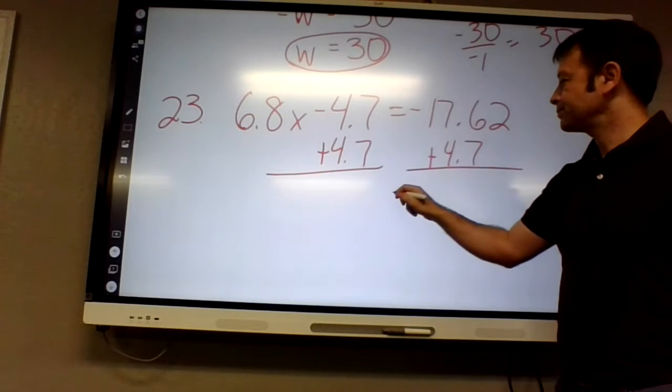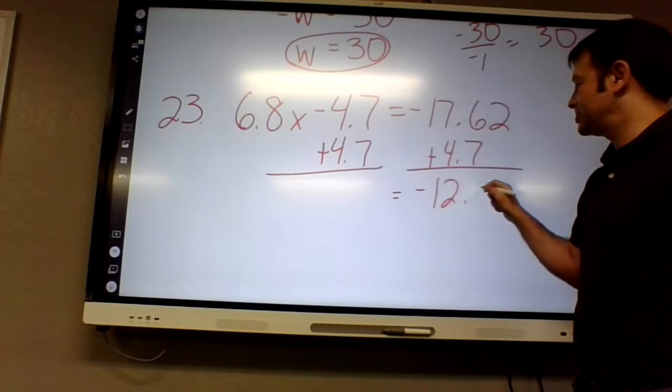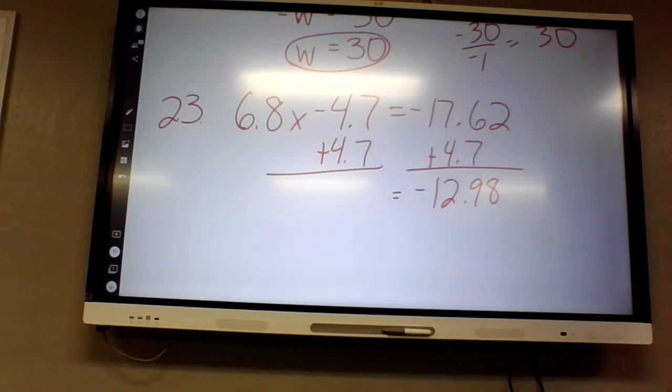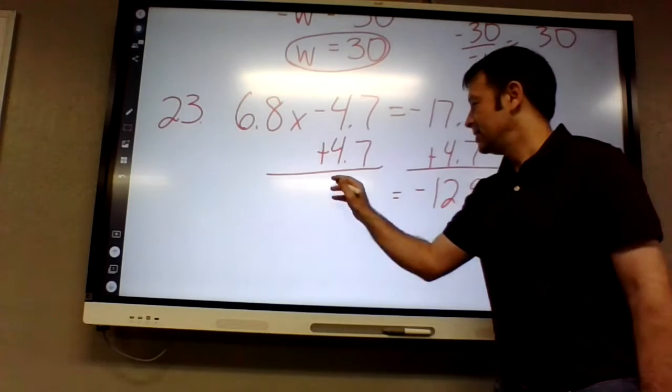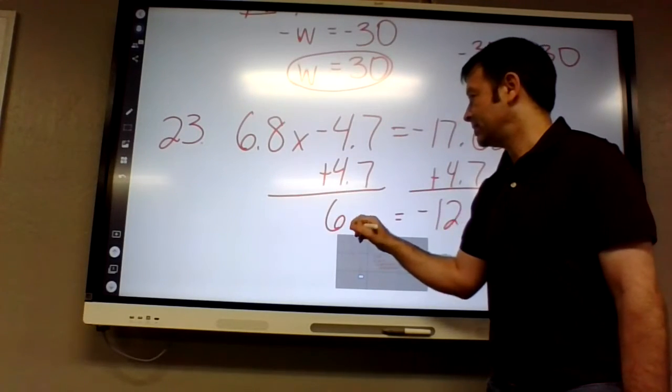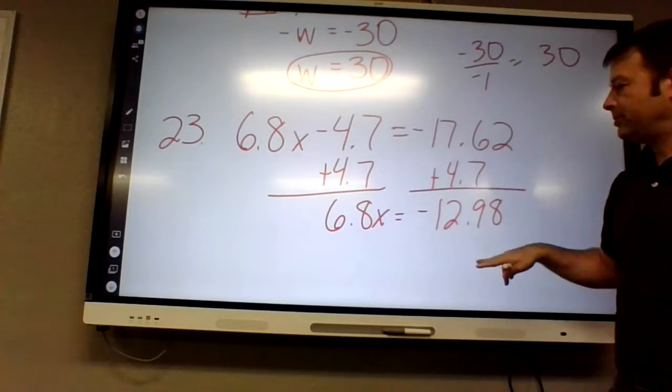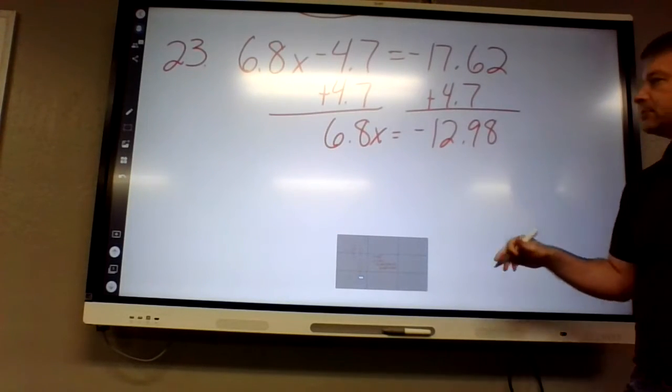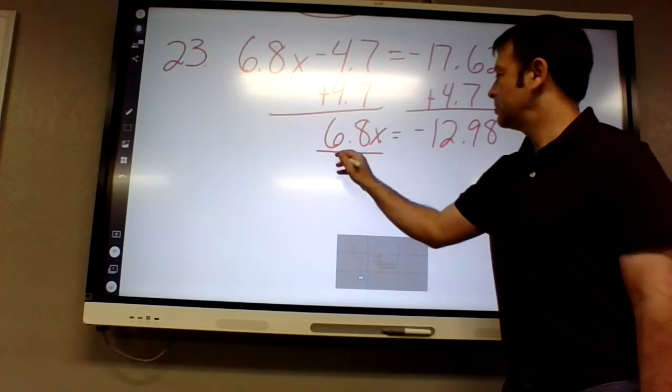But it is negative because the negative was bigger. If I wanted to do it by hand, I would have had to write it out. 6.8. Okay, now what, Emily? You would divide 6.8.